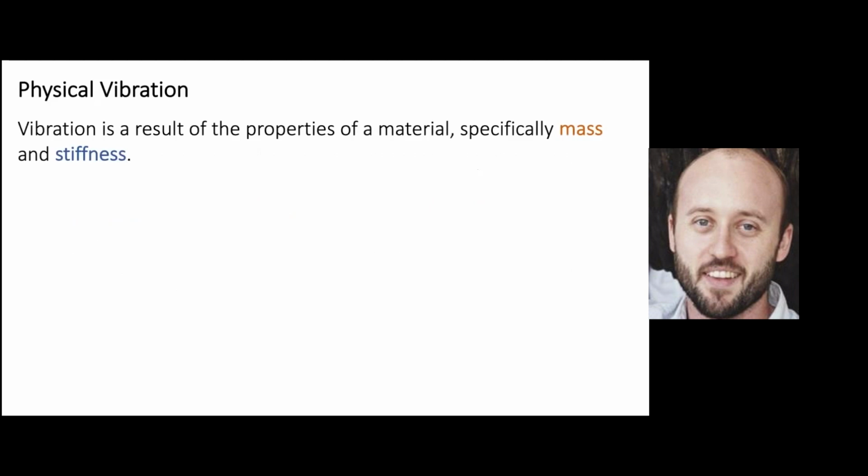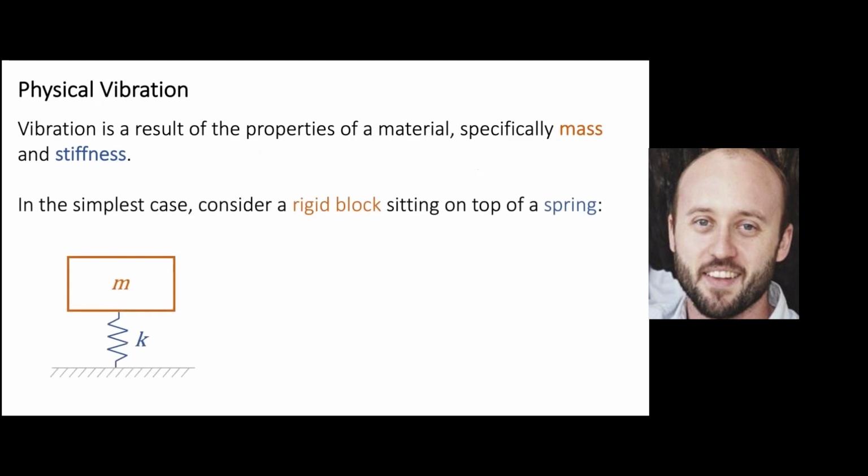So let's start with a very basic system of physical vibration, something hopefully we can all relate to. When we talk about vibration, we're talking about material properties, specifically mass and stiffness. So what does this mean? Think about a really simple setup where we have a rigid block, and this rigid block has a fixed mass, and it's just simply sitting on top of a spring.